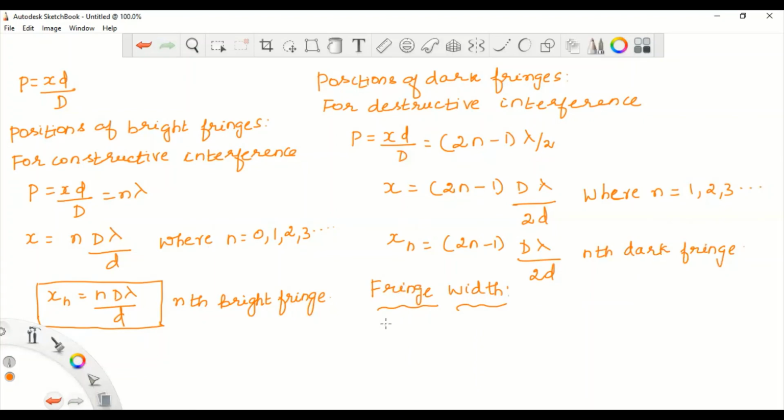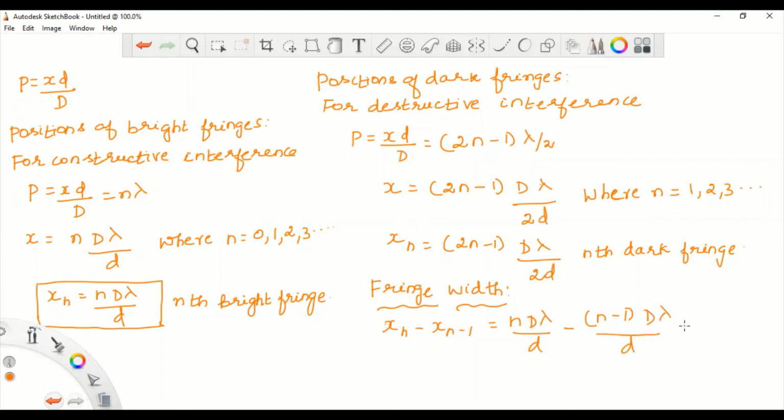So, beta is equal to x n minus x n minus 1. Substituting, it is n D lambda divided by d minus (n minus 1) D lambda divided by d.